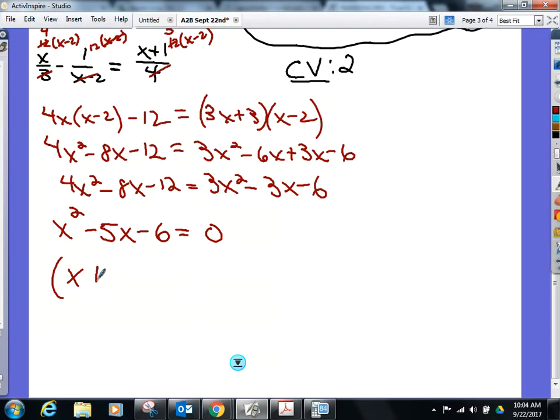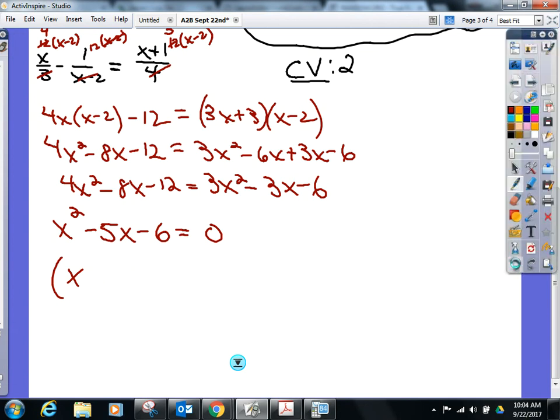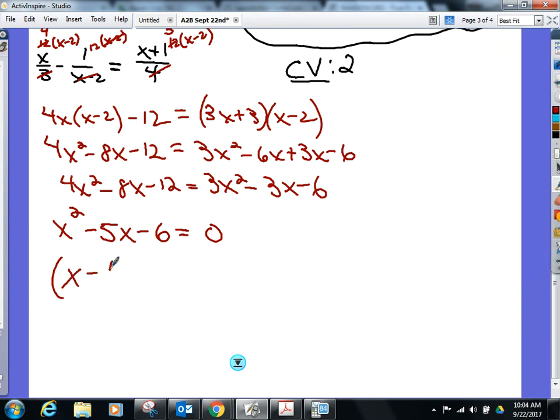X. Okay, it's got to add to a negative 5, though. That would add to a positive 5, what you just gave me. That would be plus 6 if I multiplied them. You were right with the 6 and 1. You just had the wrong signs on it. There you go.